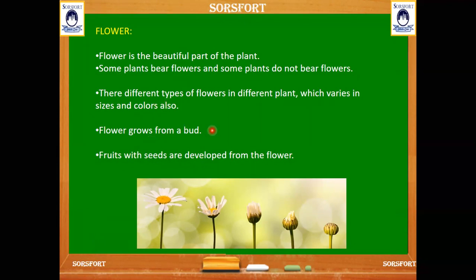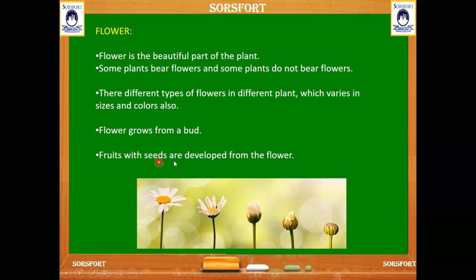How does the flower grow? The flower first starts growing as a bud and then blooms step by step like this. Here we can see in the example, from bud to the big flower. And from the flower, fruits develop.